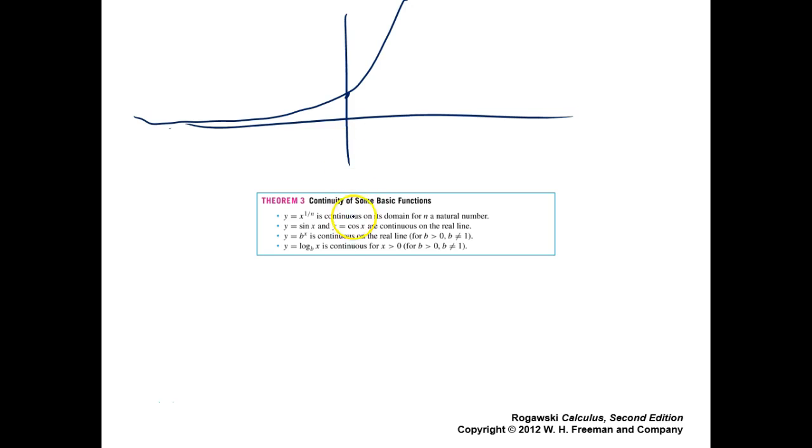Therefore, your inverse function would look like this. This would be at 1, 0. I don't have it to scale. So it can never equal 0 or be less than 0, because your exponential function can't have negative values. They're inverse functions of each other. Okay, so I think we beat that one to death.